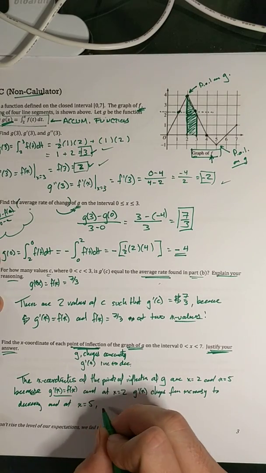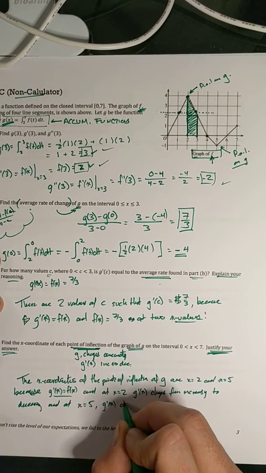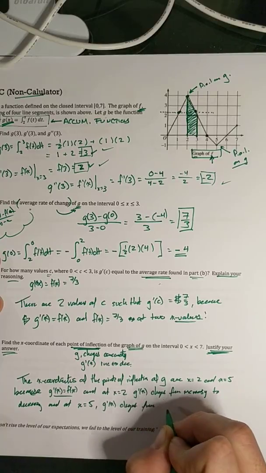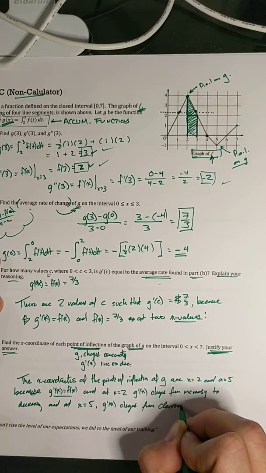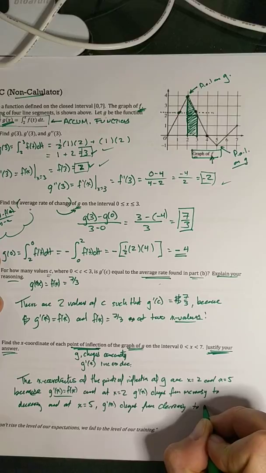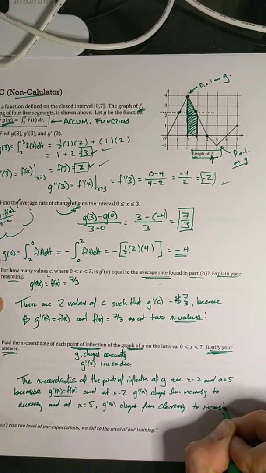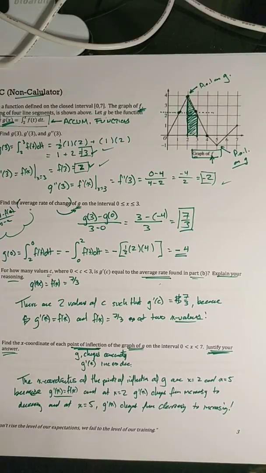At x equals 5, g prime of x changes from decreasing to increasing. There we go. We have our justification.